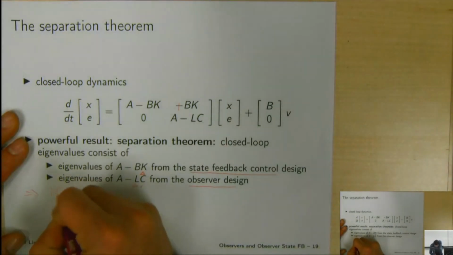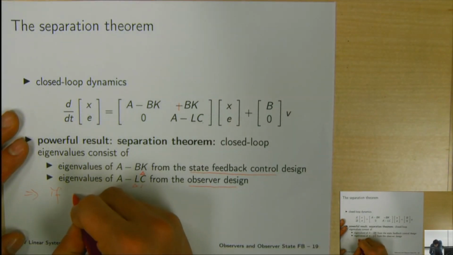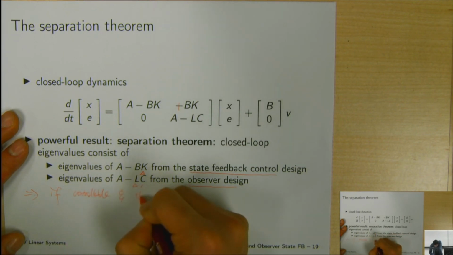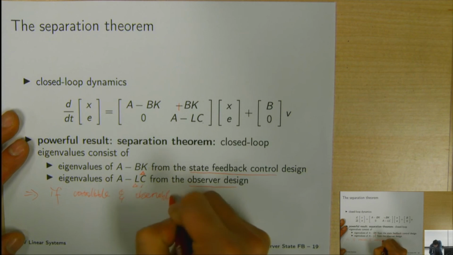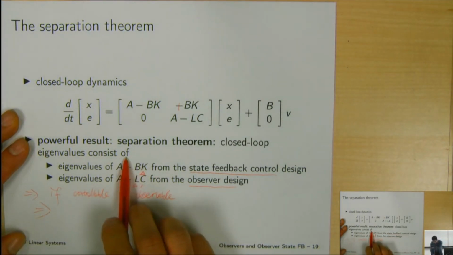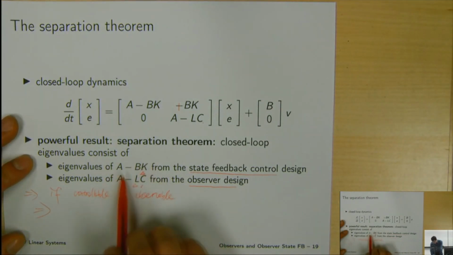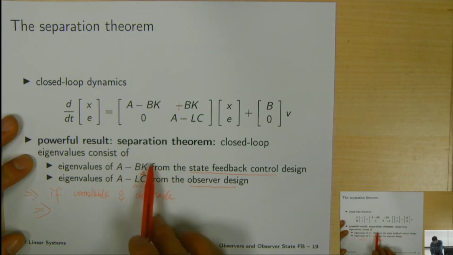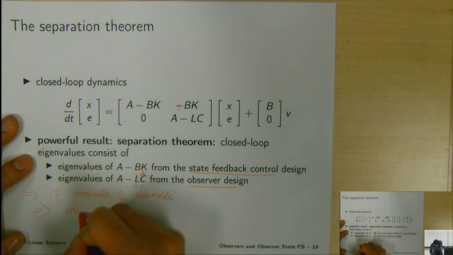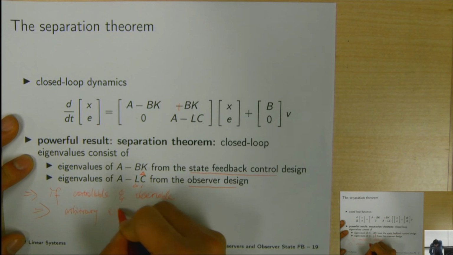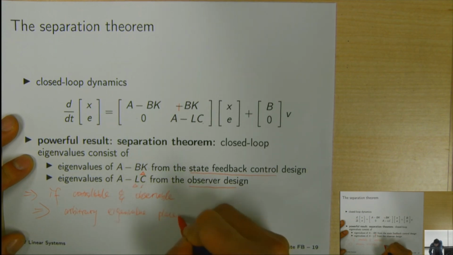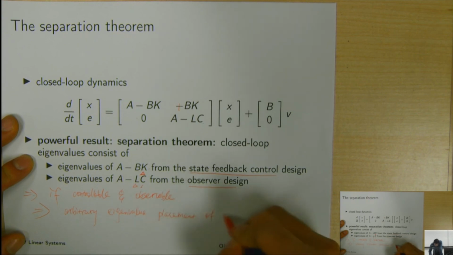Therefore, if the system is controllable and observable, then we can do arbitrary eigenvalue placement of this part and this part, arbitrary eigenvalue placement of the closed loop system.